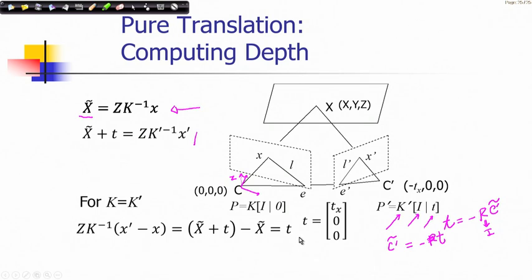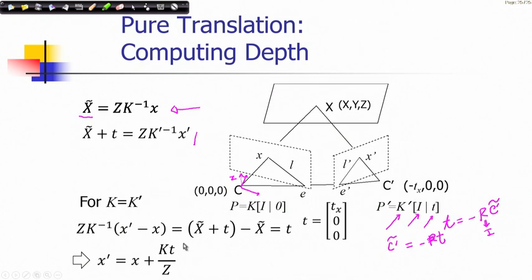From there we can get x prime, that means the image coordinate of the scene point in the second camera, equal to x plus K t by z. So, this is the relationship between x and x prime.